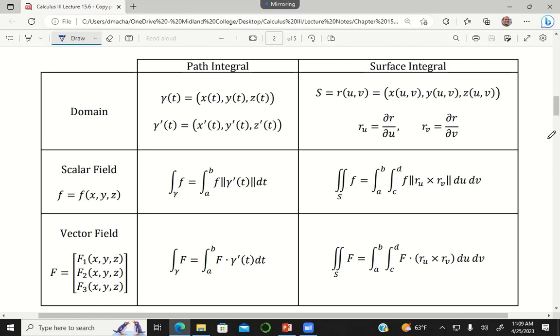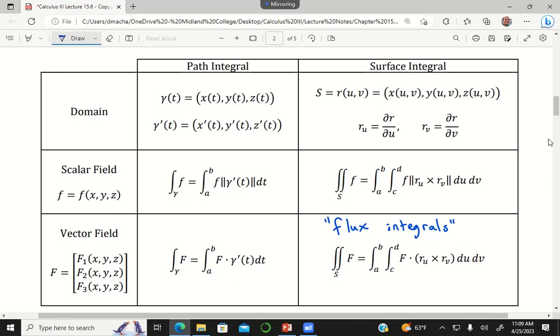And then for a surface integral over a vector field, you'll see in your homework your textbook calls these flux integrals whenever you do a surface integral over a vector field. And you get that from physics, right?